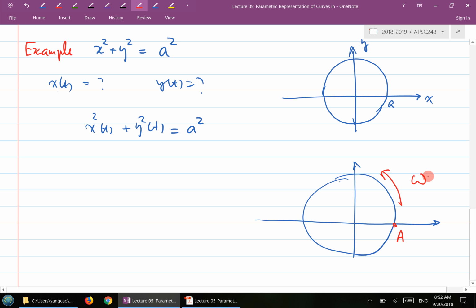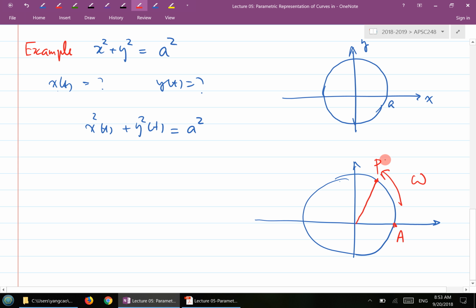That's very typical motion, like in your first-year dynamics when you look at particle motion. That's an angular motion basically. So the question becomes, how do I describe this motion of A? The angular velocity omega is a constant. Then for any arbitrary time t, after a certain amount of time t, A ends up at this location P here.